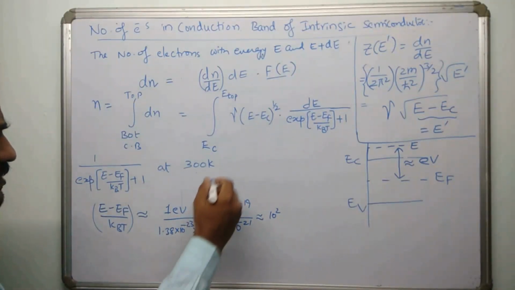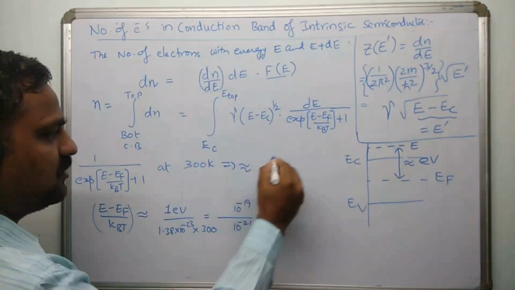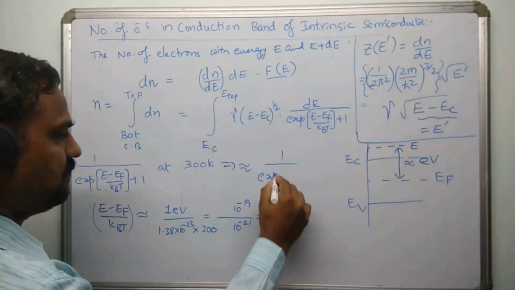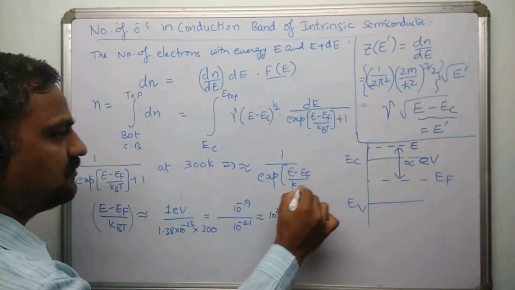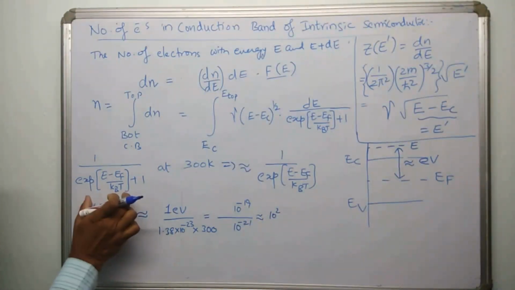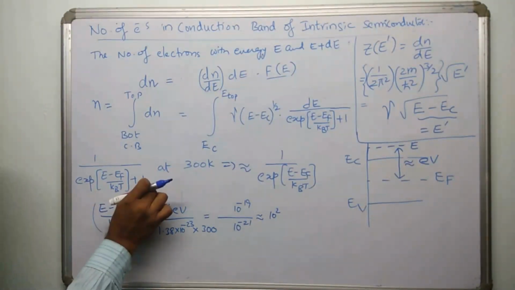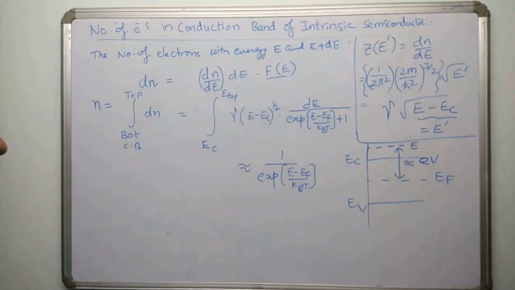This implies that it is approximately equal to 1 by exponential of (E minus EF) by kBT. 1 is gone, so you can conclude that e power this term is much, much greater than 1. Please pause the video.